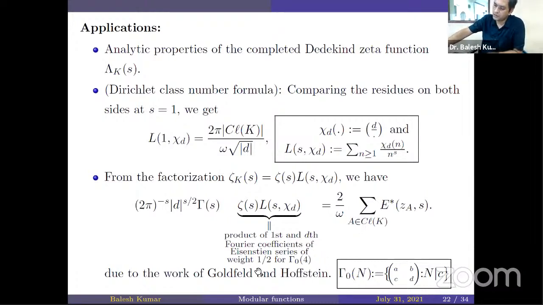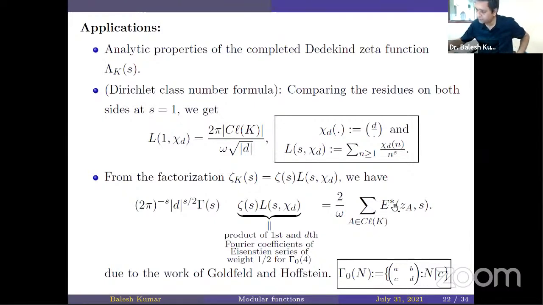Goldfeld and Hoffstein proved that zeta(s) turns out to be the first Fourier coefficient of an Eisenstein series of weight half for the congruence subgroup gamma naught 4, and L(s, chi_d) turns out to be the dth Fourier coefficient of an Eisenstein series of weight half for gamma naught 4. So on one side, we are getting the product of the first and dth Fourier coefficients of a different type of Eisenstein series, of weight half for level gamma naught 4.